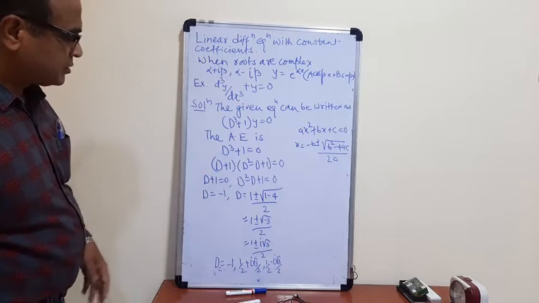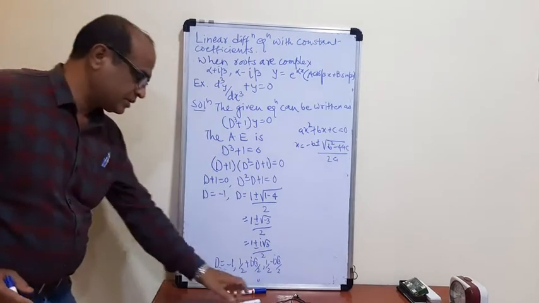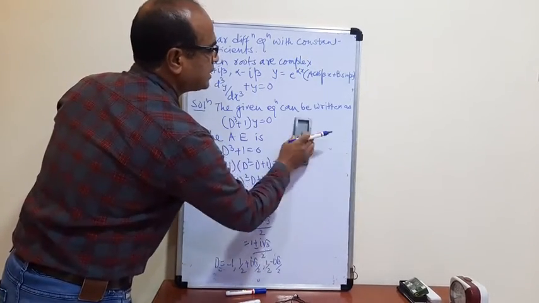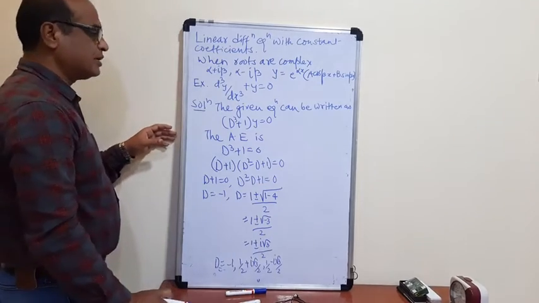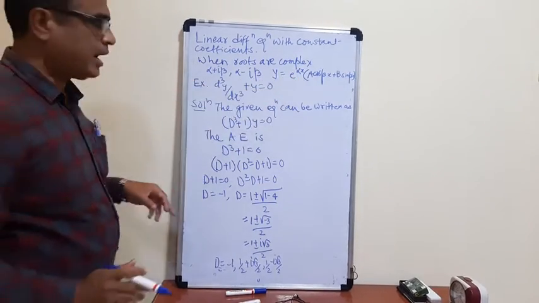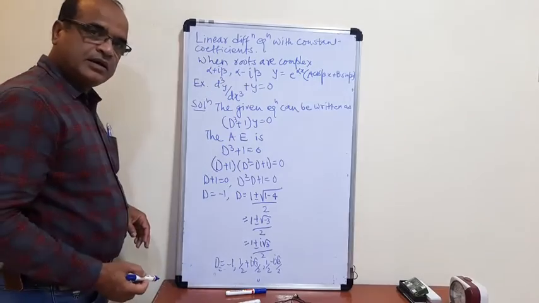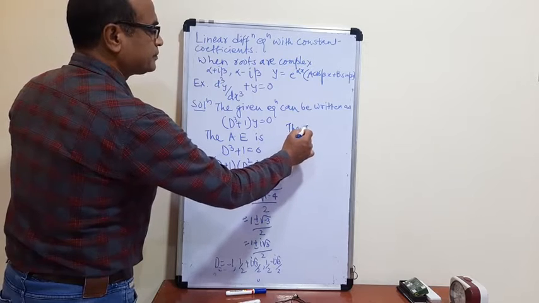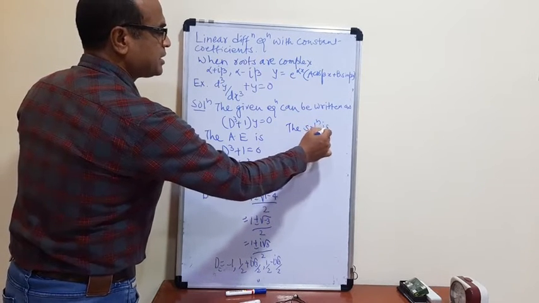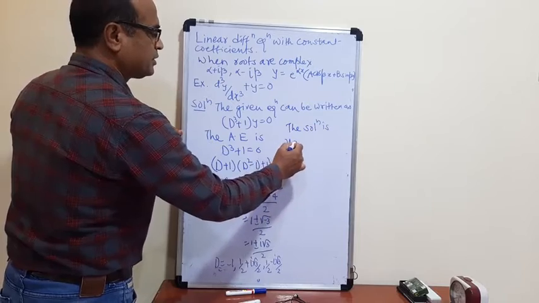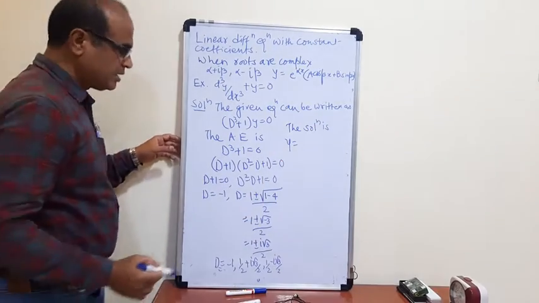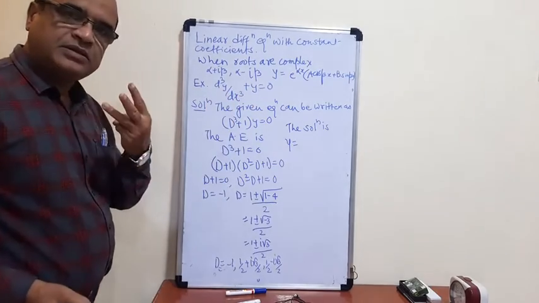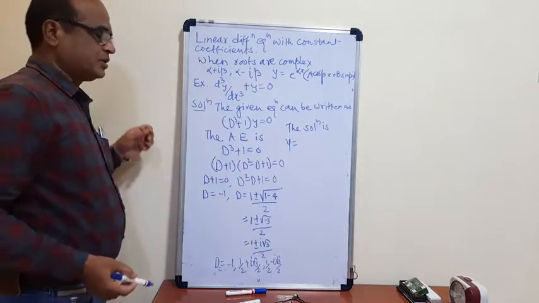So what is the solution of this differential equation? Here one is a real root and the other two roots are complex or imaginary. Then what is the solution? By using this formula, since this is a real root, the solution is y is equal to, and since this is a third order differential equation, it has three constants in the solution.